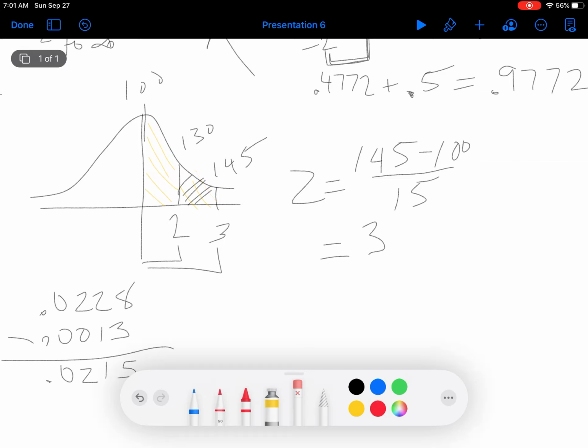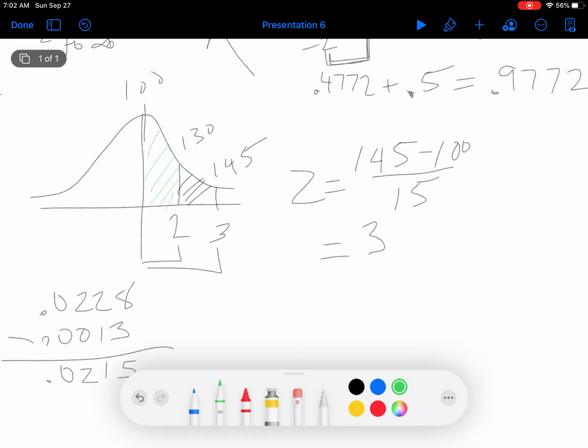Let me get rid of these colored lines. I think switching colors on you would be confusing. So, okay, from 2 to the mean will give us this section. I'm going to do it in green.